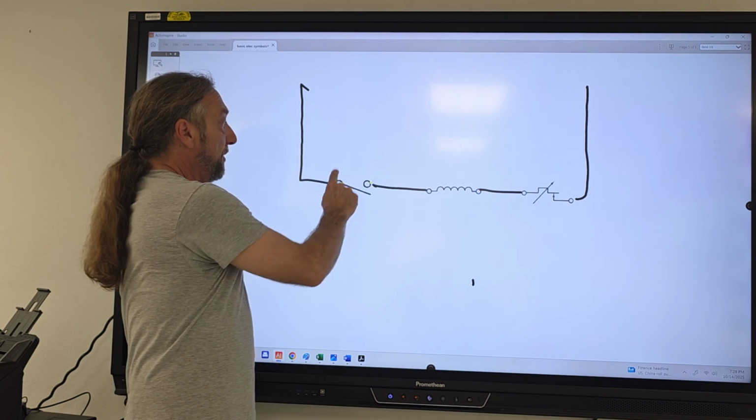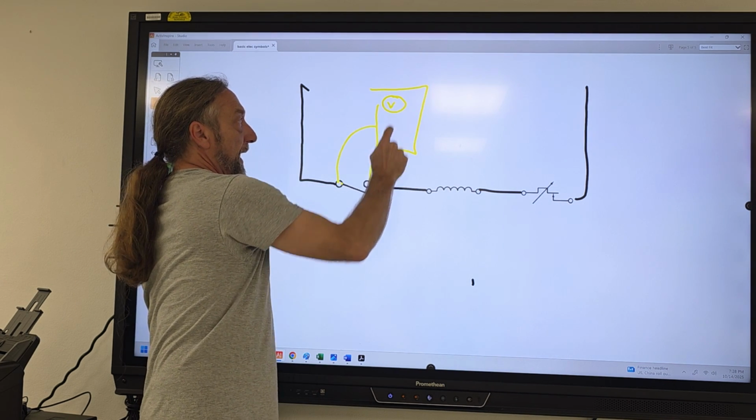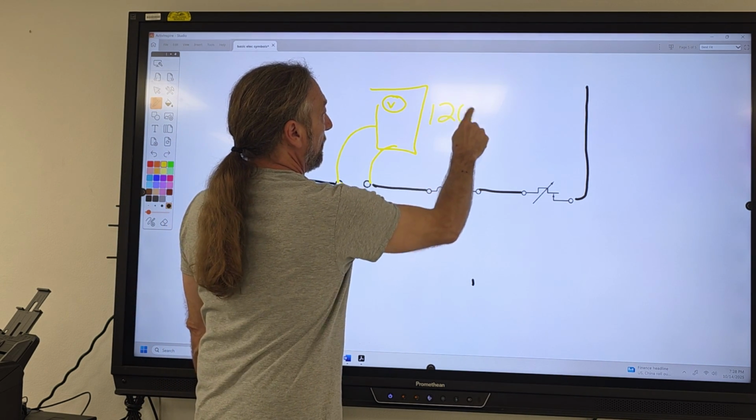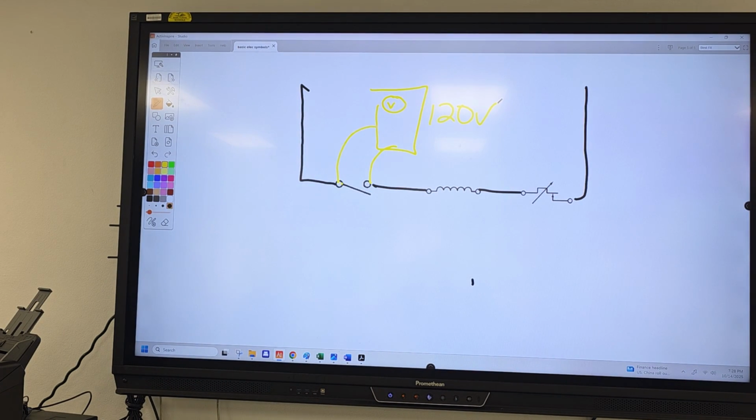So if I put my meter here and here, and my meter says 120 volts, what does that mean? It doesn't mean power is going through it, you still gotta connect from the power and see if it works. In that case, the switch is open, I will have that reading. That's the only time you're gonna get a voltage reading, if the switch is open.